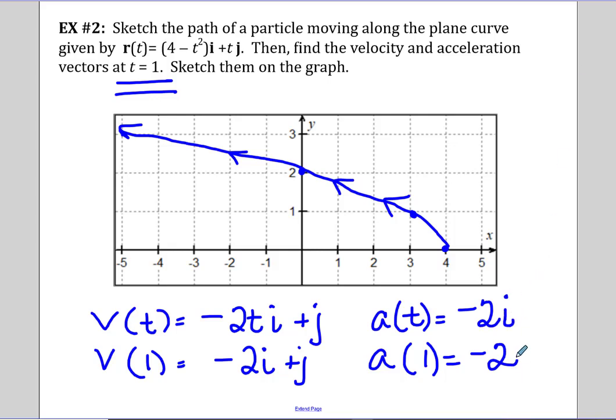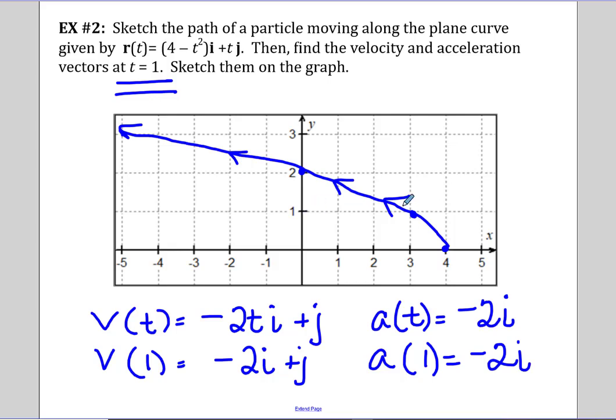Need the i on here. And sketching those on our graph at 1, we have negative 2 in the i direction and 1 in the j direction.